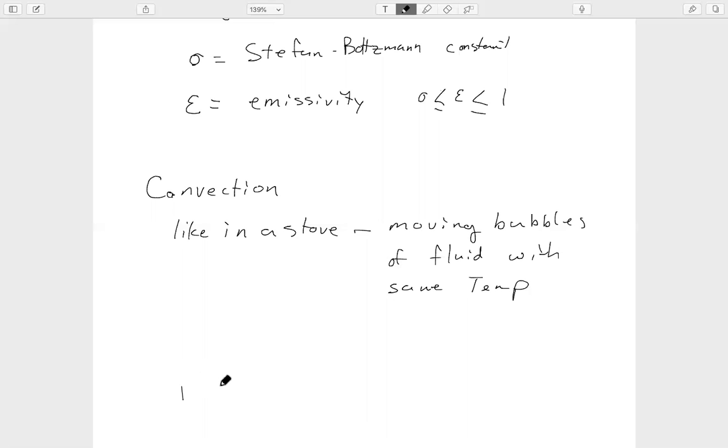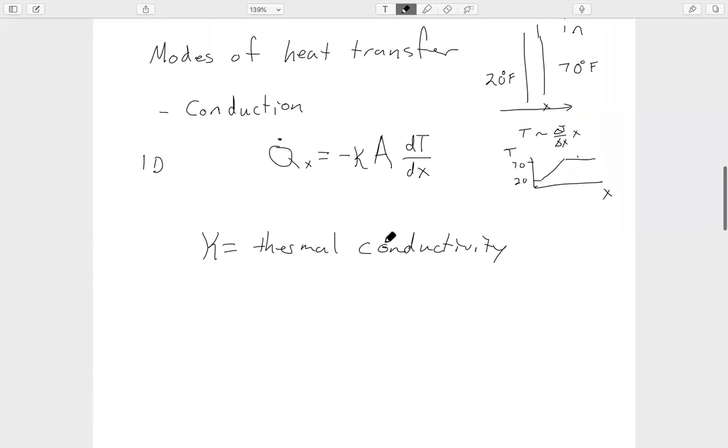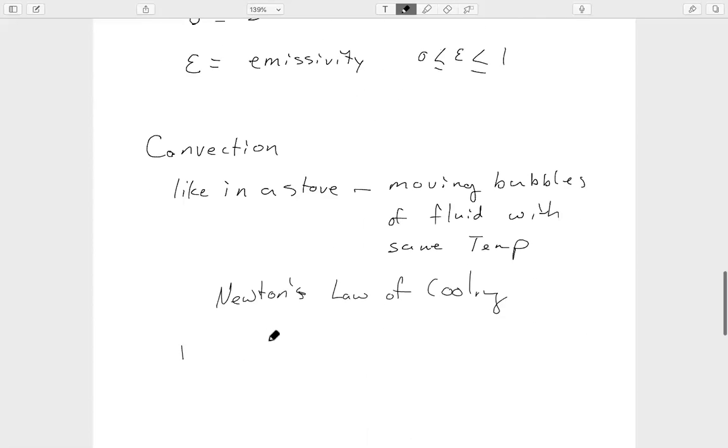The law to understand this is called Newton's law of cooling. It's similar to conduction, except we don't have a derivative. With Newton's law of cooling, it's just a difference in temperatures.